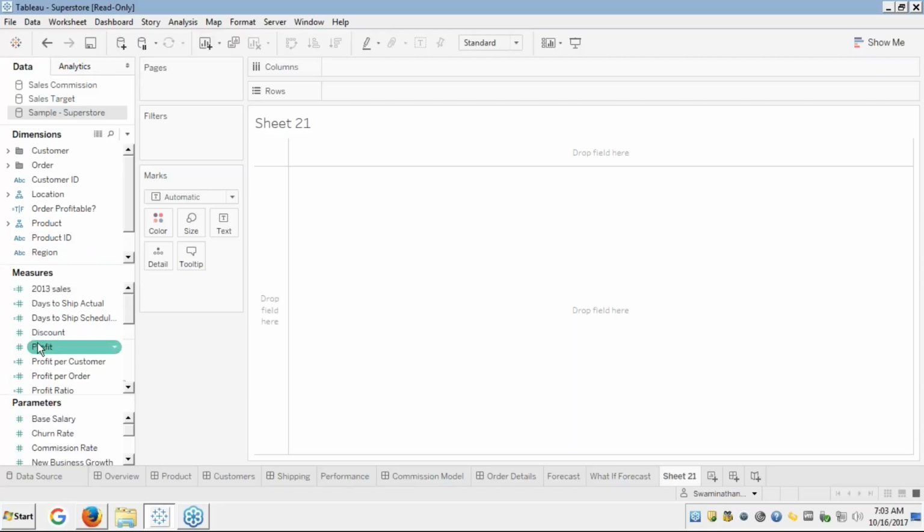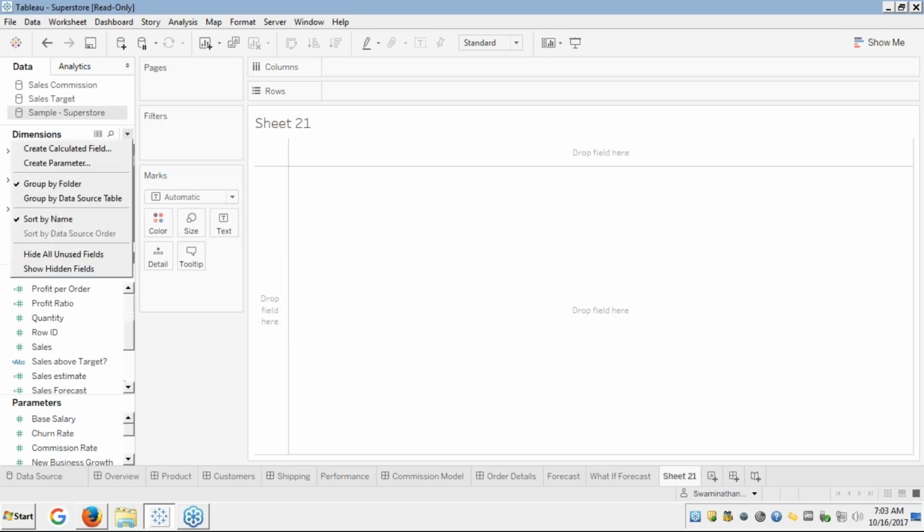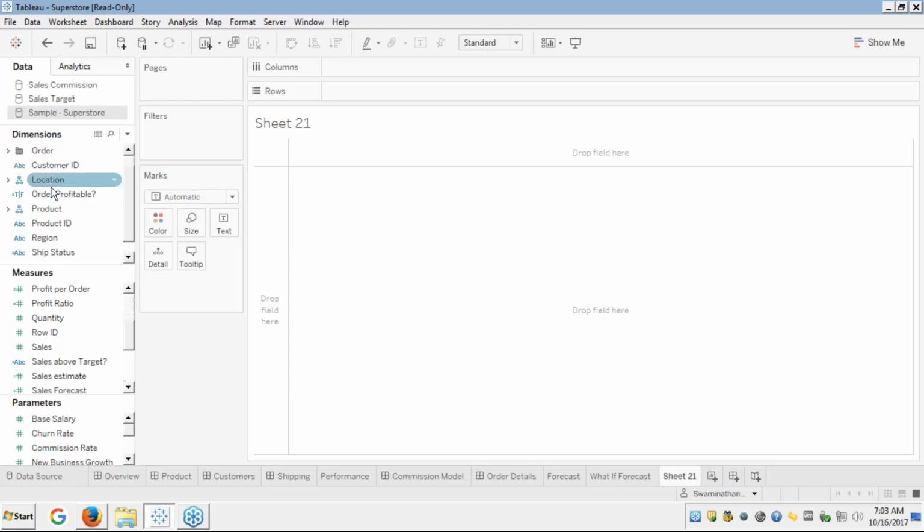Okay, so we have this segment. We'll take this segment, and here you can see there are folders that have been created. You know how to make a folder, right? I think we saw how to create folders. First, let's see the forecast based on order date.